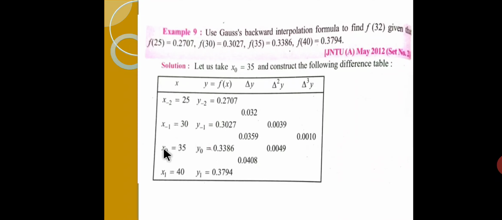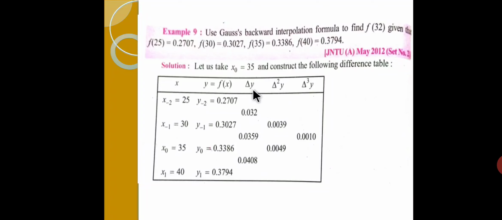So we consider the center value as 35. And their corresponding values: y minus 2 is equal to 0.2707, y minus 1 is equal to 0.3027, y naught is equal to 0.3386, y1 is equal to 0.3794.